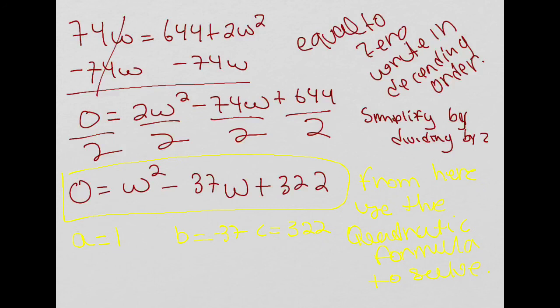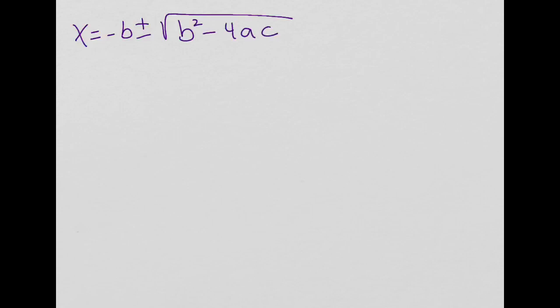Seems like I need another page for this problem, right? So let's move it here. Again, make sure we rewrite our quadratic formula, because the more we write it, the more we'll memorize it. Substituting it, what was B? Negative 37.